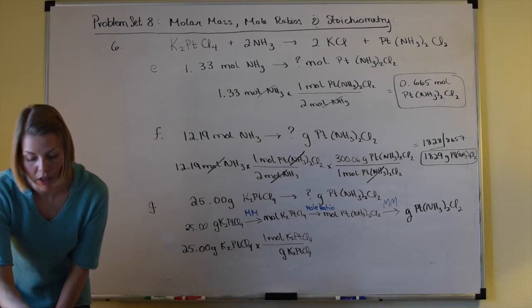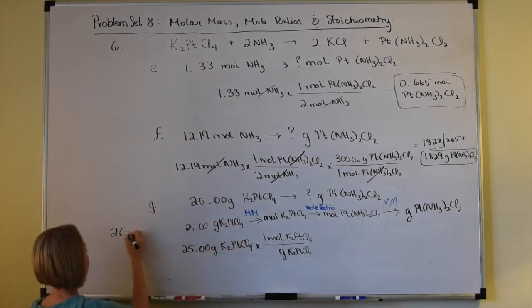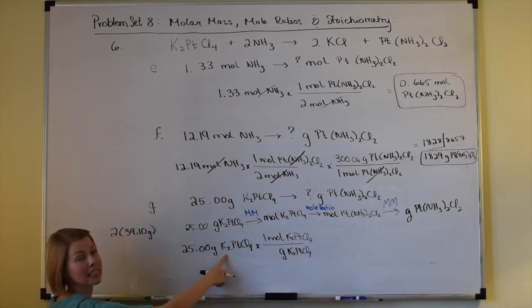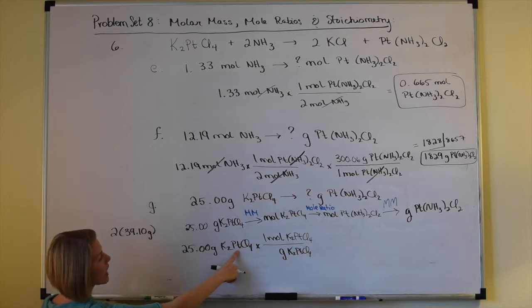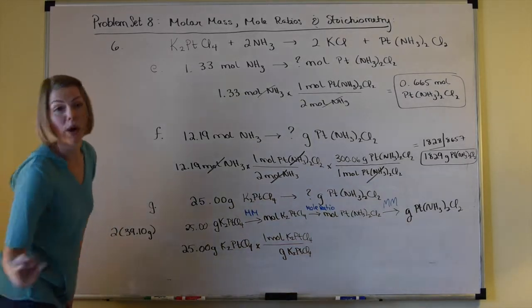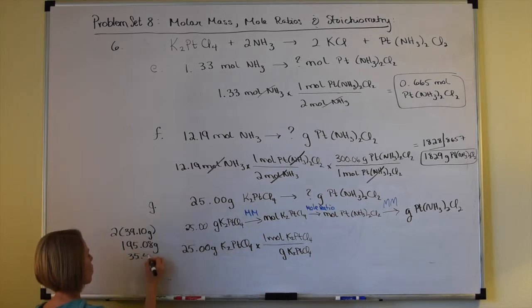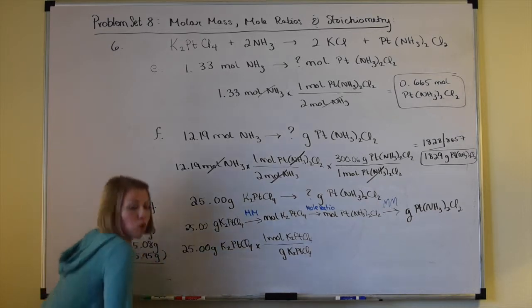Potassium is 39.10. There's two of them, so it's going to be 2 times the 39.10 for the molar mass of the two potassiums, 2 moles of potassium. The platinum was the 195.08. And the chlorine are each going to be 35.45, but there are 4 of them, so 4 times 35.45.